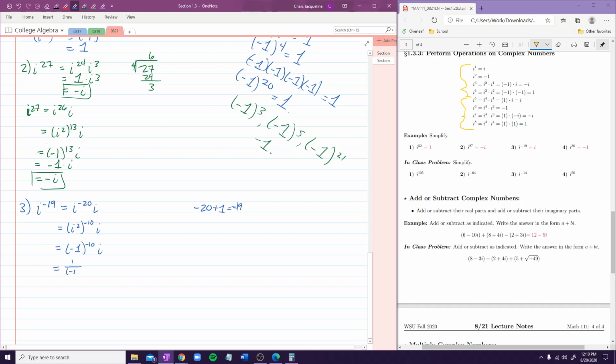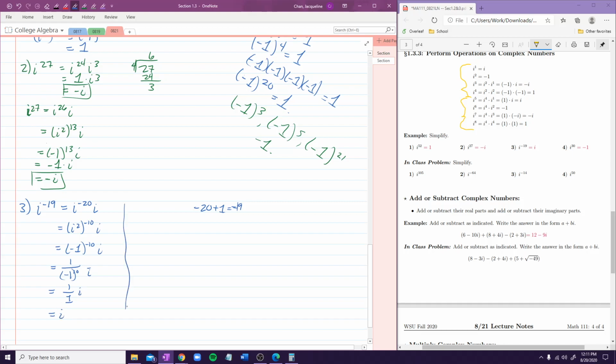So this is going to be 1 over negative 1 to the 10th. Okay, but anyways, this is still going to be 1 over 1. This is a positive exponent. So it's just 1, i, so this is just i.